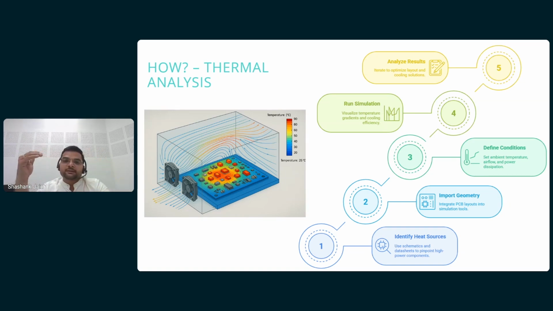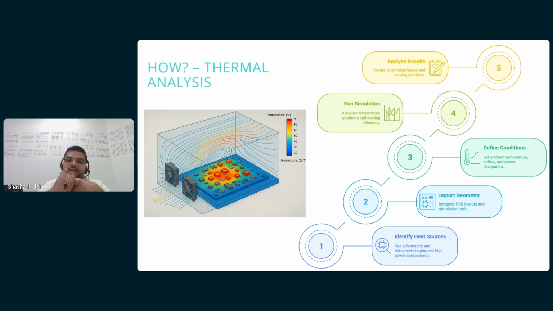Once you get the results, you again come back to your original conditions and assumptions which you defined in the simulation tool, and then you iterate again to find the exact result which you think is apt. In the results, you can get the temperature distribution and the hot spots where the temperature is high.